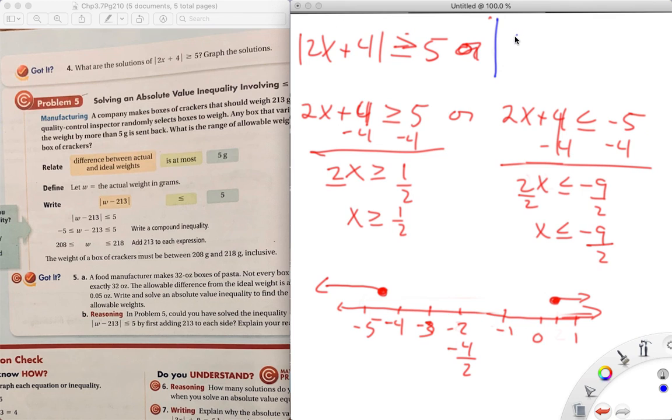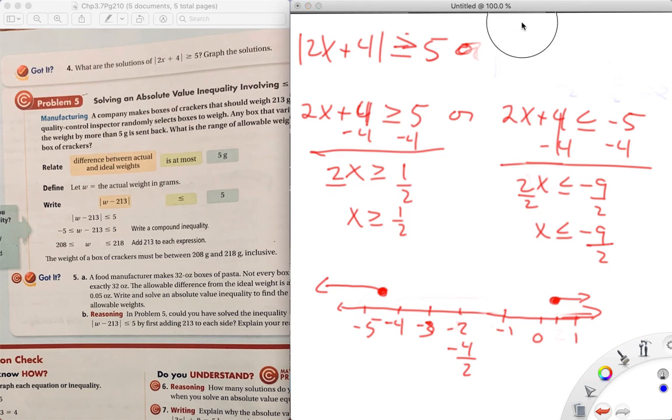Let's just pretend there's a 0. So we have 2x plus 4 equals 0. Subtract 4 from both sides, and then divide by 2. Then x equals negative 2. I subtracted the 4 from 0 and then divided by 2, and I got negative 2.